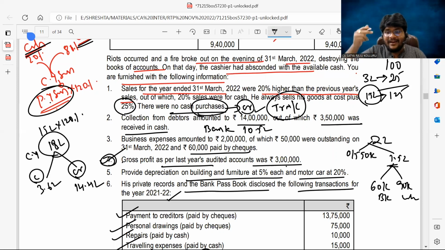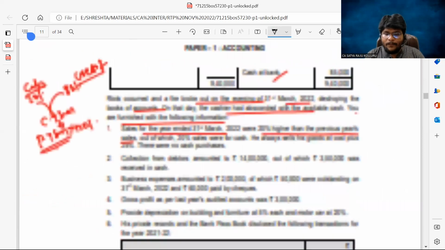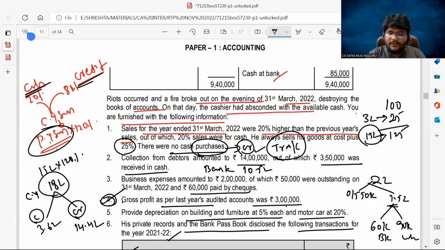Now, debtors, creditors accounts are there under working notes. If I close the debtors account, I would get closing debtors as a balance, because opening debtors is available, closing debtors balance is not available. If I post this purchases information, what I found through balancing figure under trading account, to creditors account, then I would get creditors account closing balance.